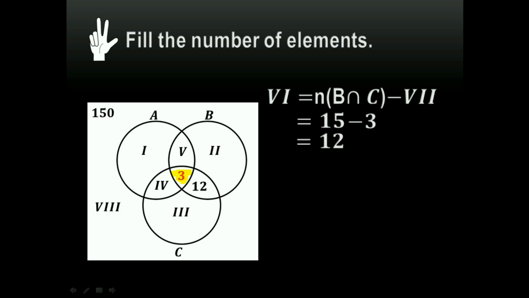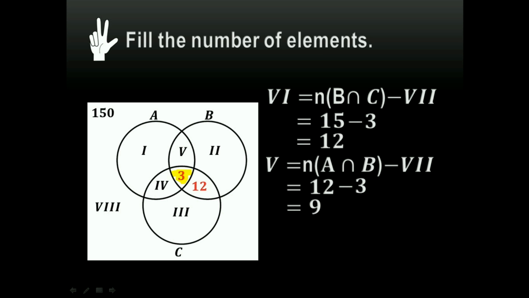So that region is 12. The same way in getting region 5, we subtract the intersection of all 3 from the given intersection of A and B. We get 12 minus 3 to be 9. So that region is 9.